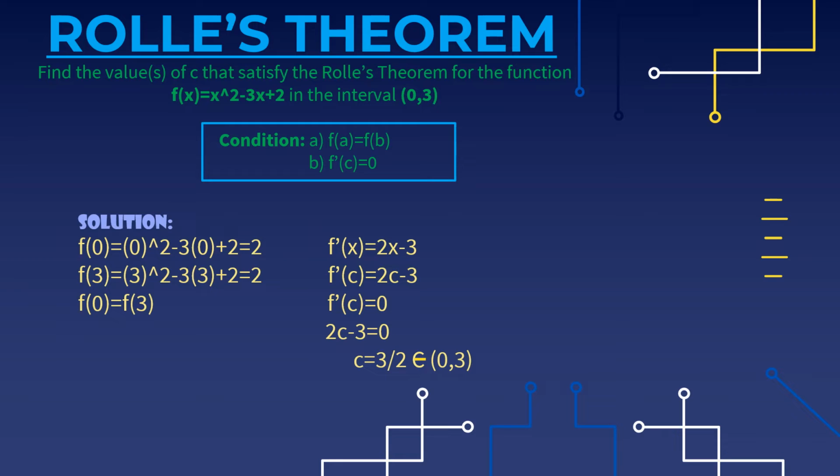For the next step, we need to substitute the x with c and we will get f prime c equal to 2c minus 3. Lastly, we need to use the second condition of Rolle's theorem, which is f prime c equal to 0, and we write 2c minus 3 equal to 0, and we will get the value of c, which is 3 over 2, is the element of the interval 0, 3.